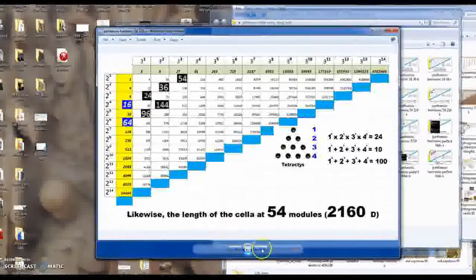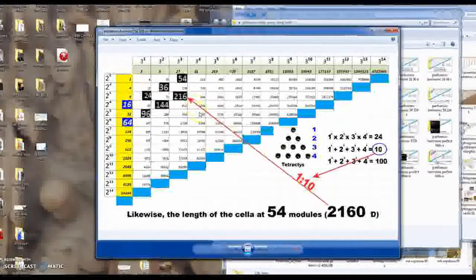They're not set in order, but you'll get the meaning. So likewise, the length of a cellar, 54 modules, 2,160. The diameter of the moon, 2,160 miles. The cube, a platonic solid, is made up of 2,160 degrees.